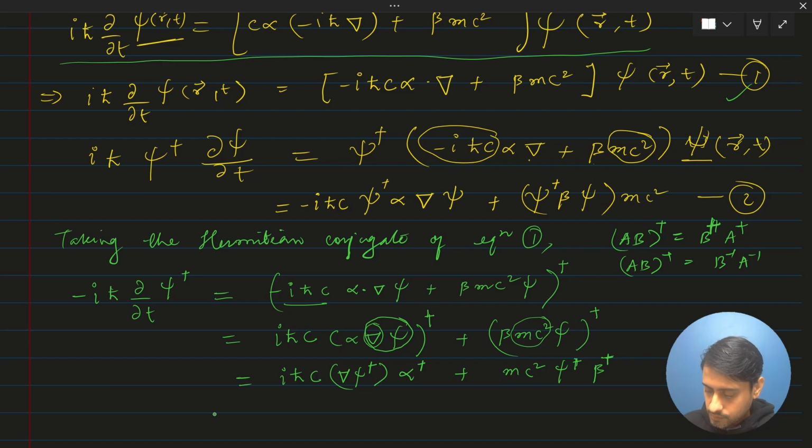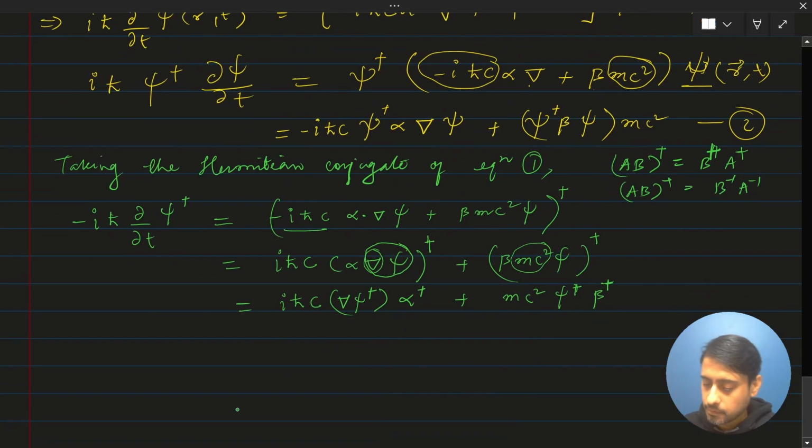Now you know that we have to multiply it by its conjugate, not by psi. So we will multiply both hand sides by psi.